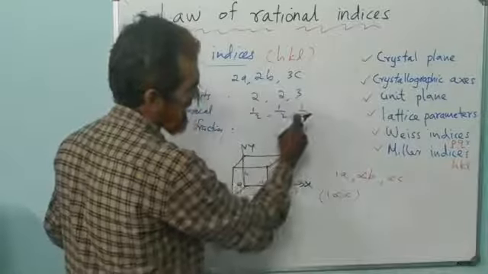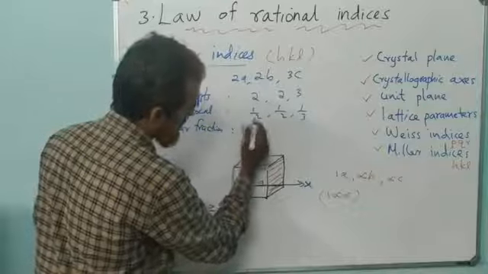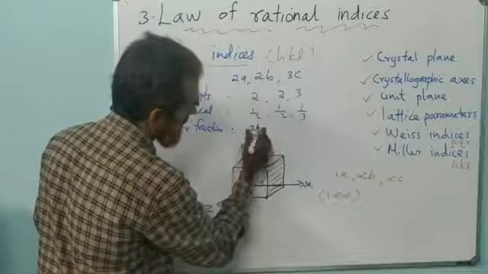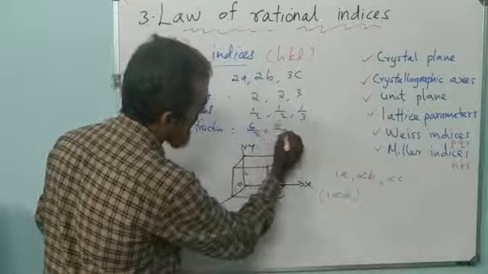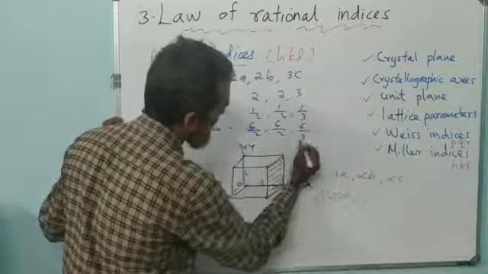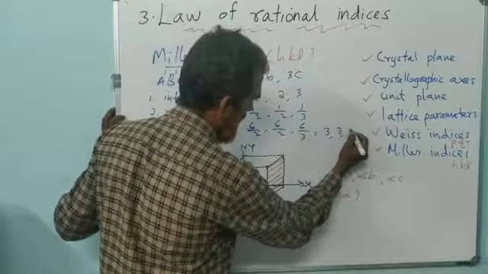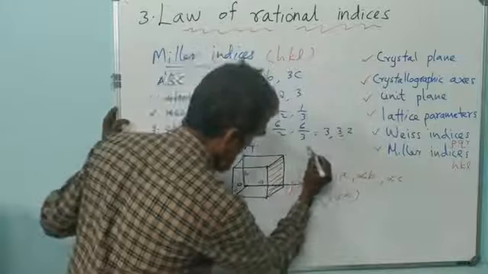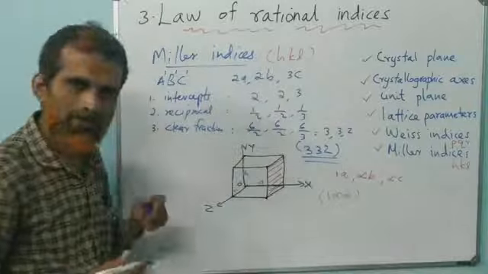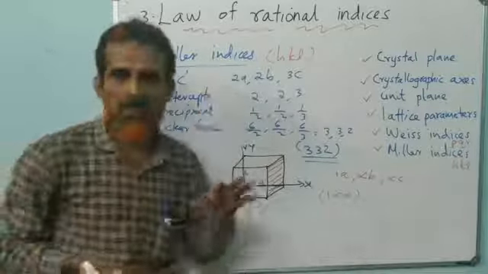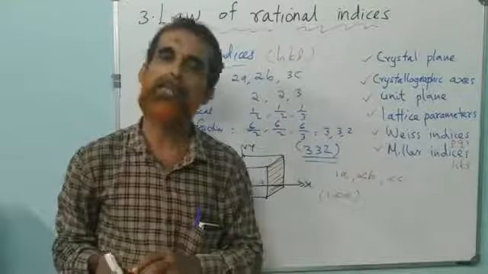Multiply by 6, it becomes 6 by 2, 6 by 2, 6 by 3, which is equal to 3, 3, 2. So the Miller index is (332) in brackets. So 2, 2, 3, when taken as the reciprocal and cleared of fractions, gives 3, 3, 2 as the Miller index.